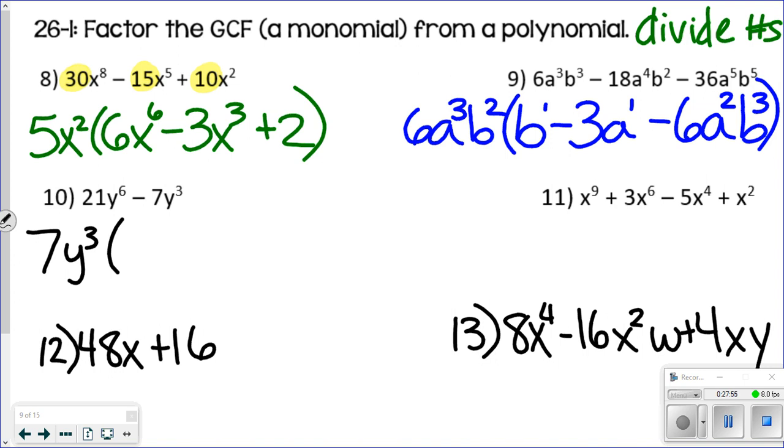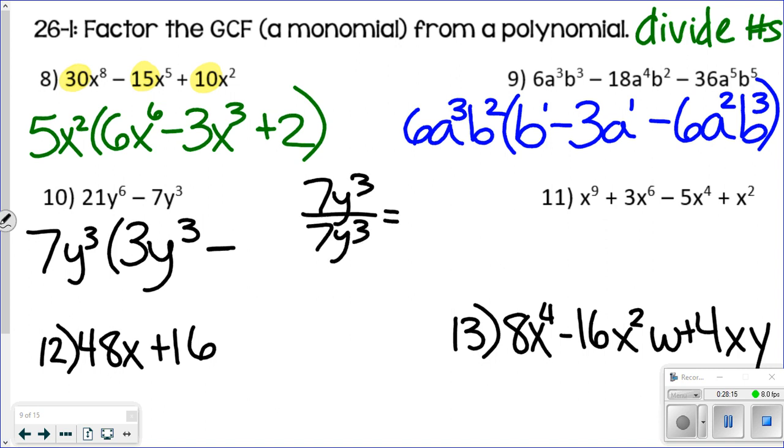So they have a 7 in common, that's the biggest number, and a y cubed. 21 divided by 7 is 3. Y, 6 minus 3 is 3. And then look, 7y cubed and 7y cubed are the exact same. So when we divide these, we're left with 7 divided by 7 is 1.